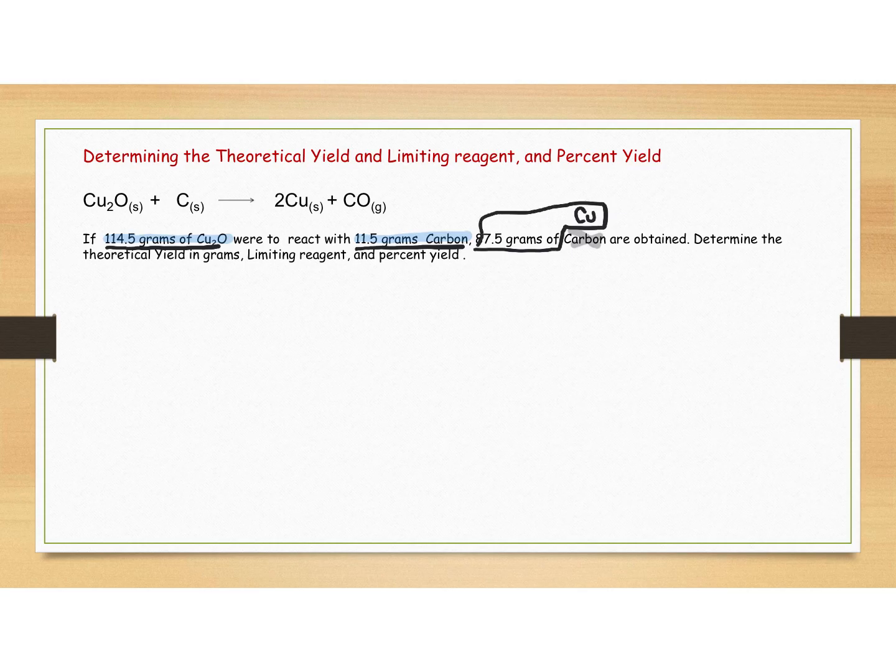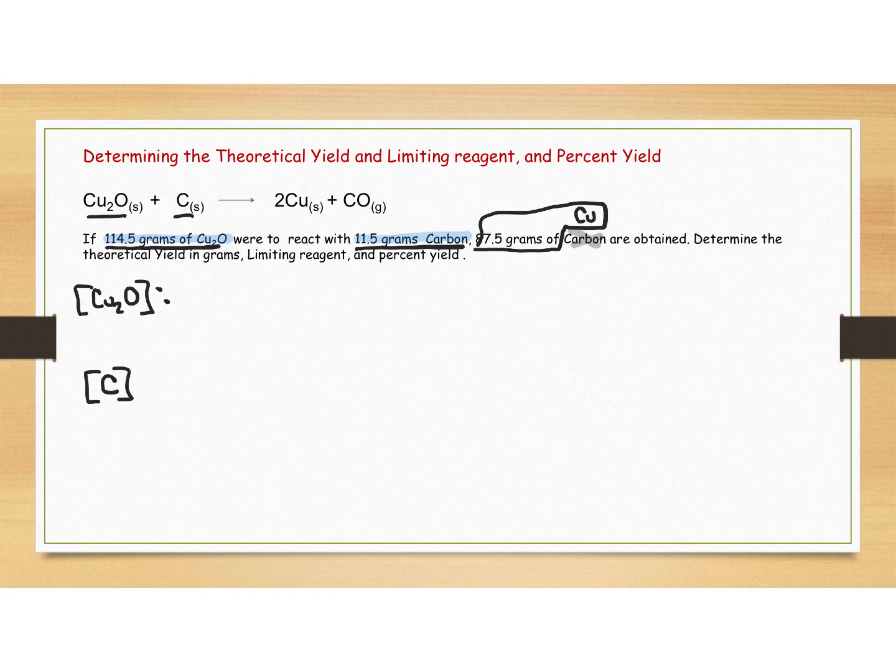So we're going to treat this just like we did all the other problems we did. What I want you to start out with, what are the reactants? I have, this is a reactant, this is a reactant. So I'm going to have Cu2O, and I'm going to have carbon.